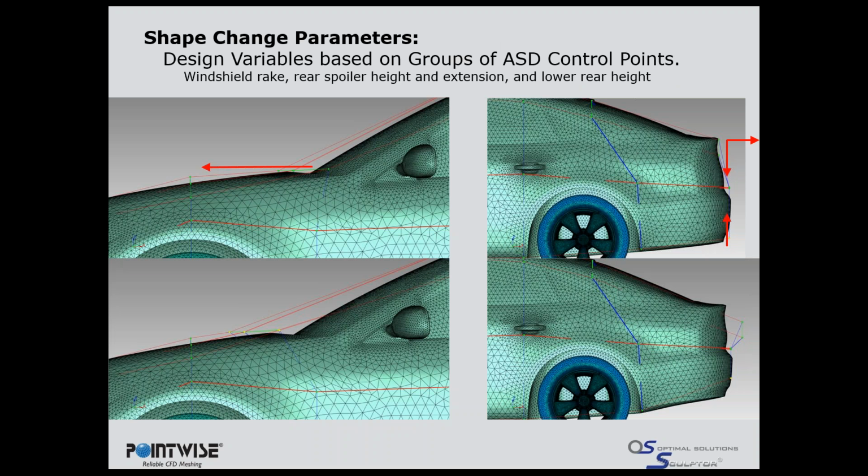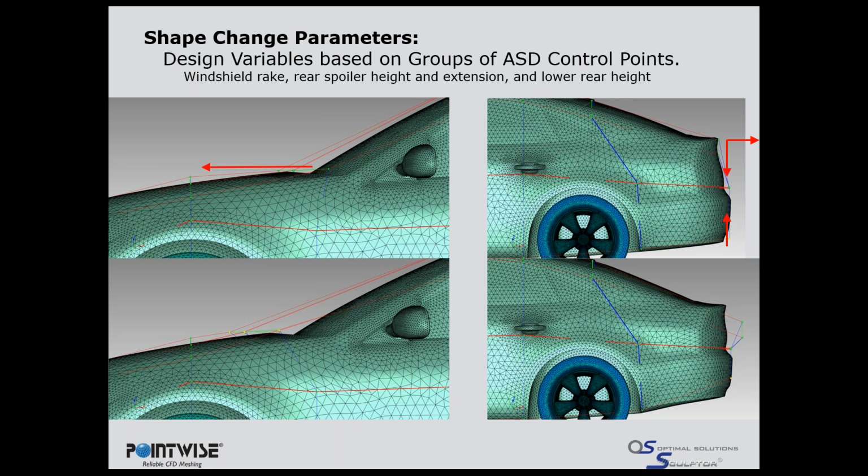And for this, I decided to look at 4 different shape change variables. One is taking the control points along the hood and the windshield interface and moving them forward and backward so that there's one variable controlling the windshield rake. There's another set of control points for a rear spoiler height and extension.